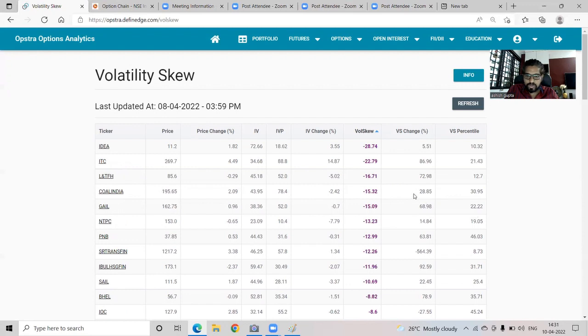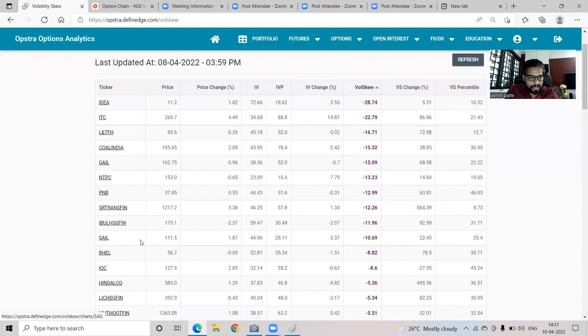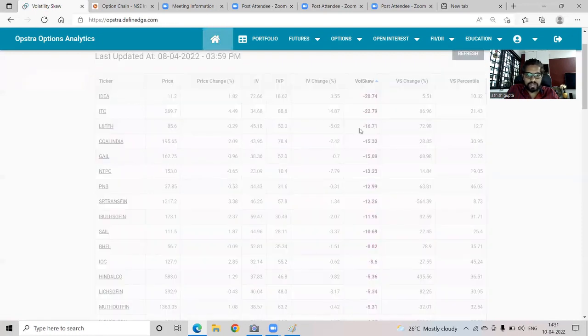So if we go back to the call side, I don't want to touch any PSU stocks. What else? India Bull Housing, again, I don't want to do that. Maybe we can look at SAIL. I think SAIL's last 52-week high is around 130.